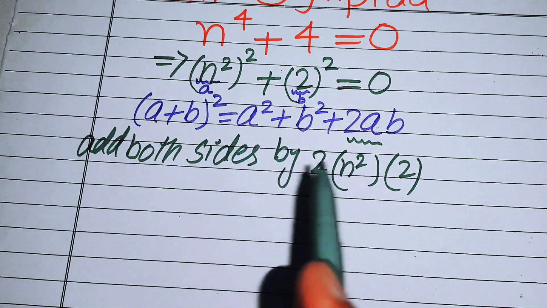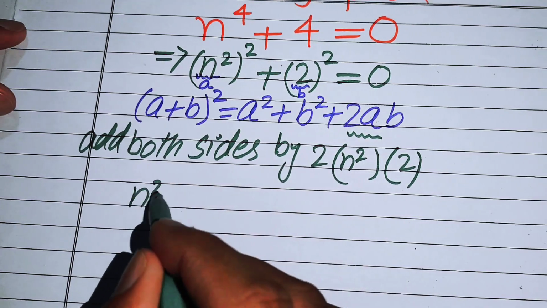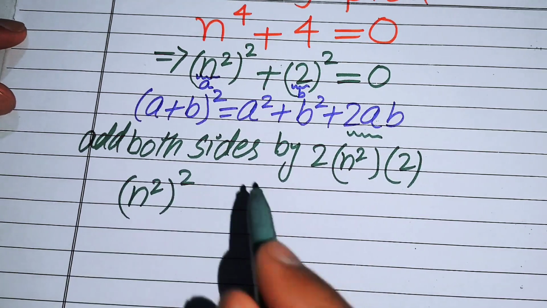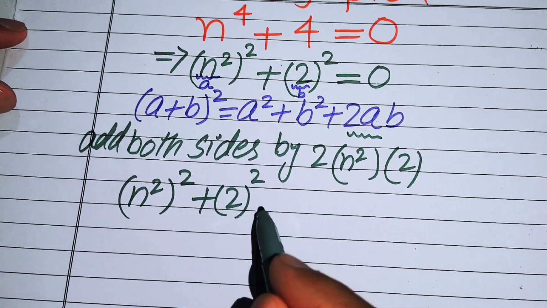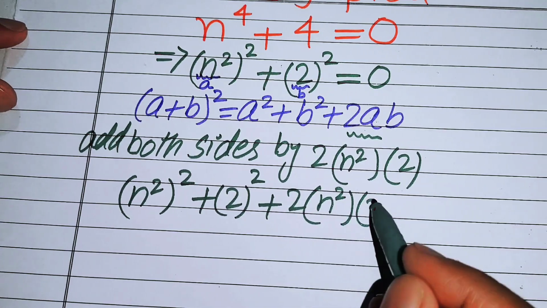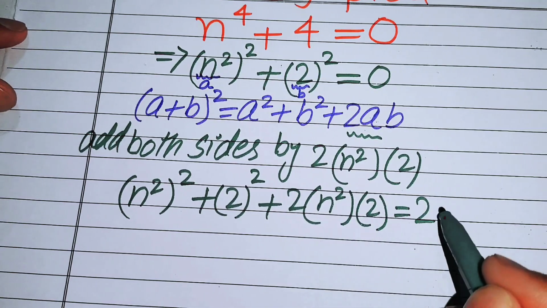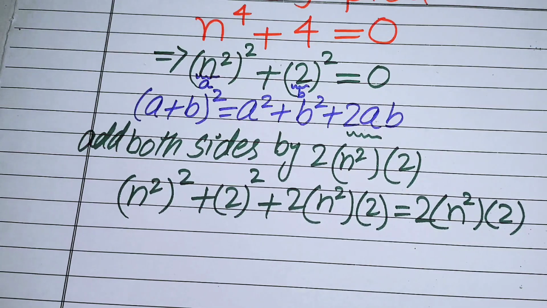So we add this term on both sides and you will obtain on the left n squared plus 2 squared plus 2 times n squared into 2, and the right hand side will be 2 times n squared into 2.